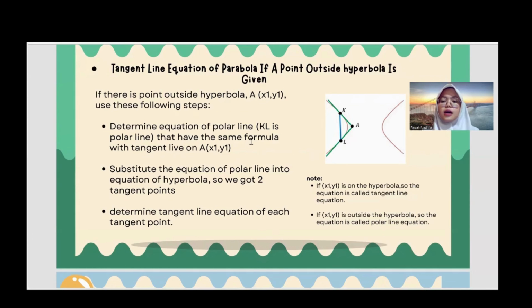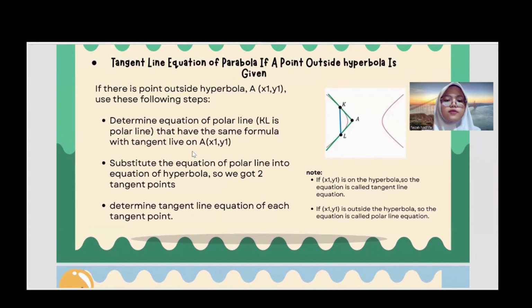A polar line is a line that connects the two tangent points of the tangent lines drawn from a point outside the hyperbola. This has the same formula as the tangent line on A. We will discuss the formula of the polar line later.